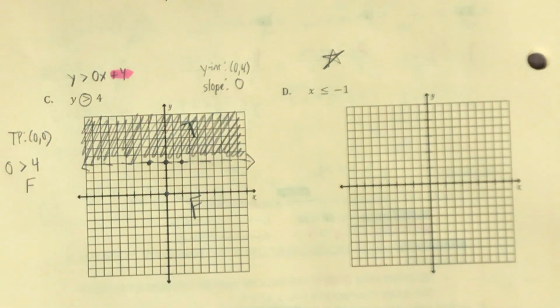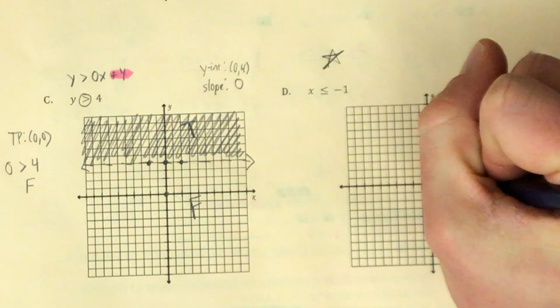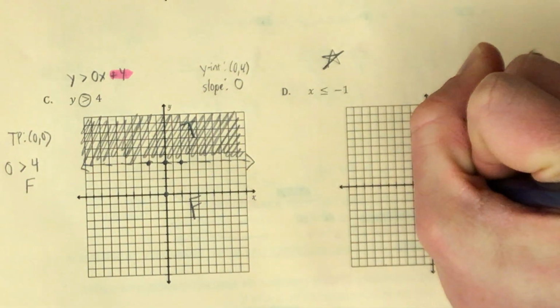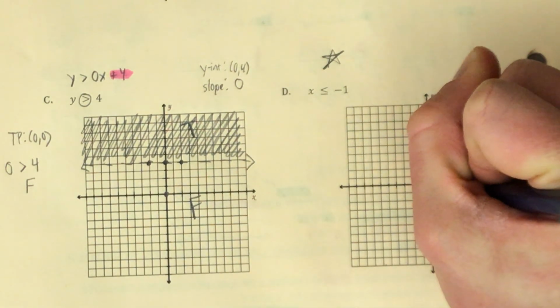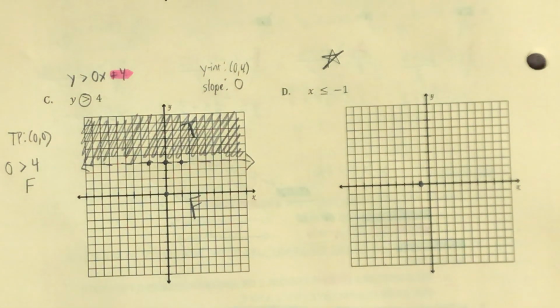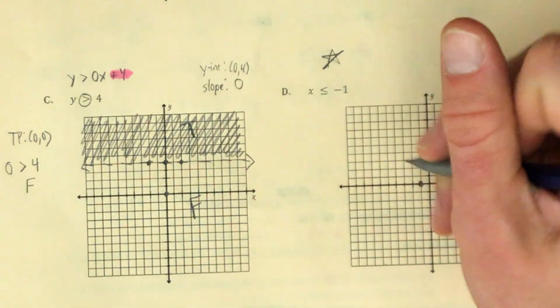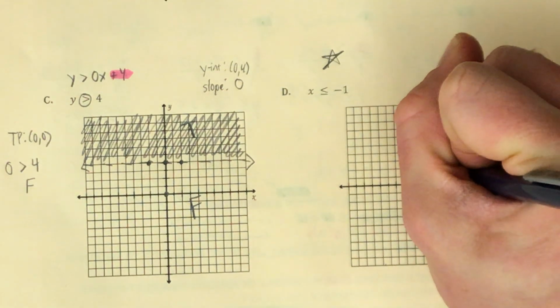So in this one, I have x is less than or equal to -1. The only thing I really know about this is that -1. So I'm going to go where x is -1, and I'm going to put a point. That's just to the left of the y-axis. So there is that point. Now remember, these lines are always perfectly vertical, so we're going to end up with points either above or below or both.